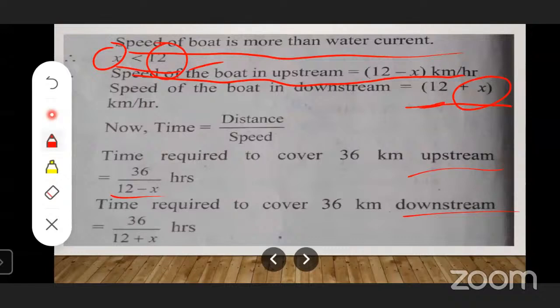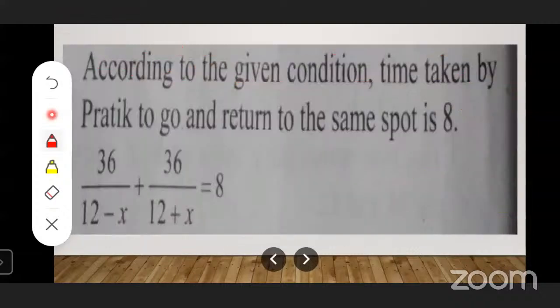Time required to cover upstream plus time required to cover downstream is equal to the total time. What is the total time given here? 8 hours. If you read the first line of the sum, you will clearly understand that the total time required to cover the upstream and downstream is 8 hours. So let us add this time for the downstream and upstream in the next slide.